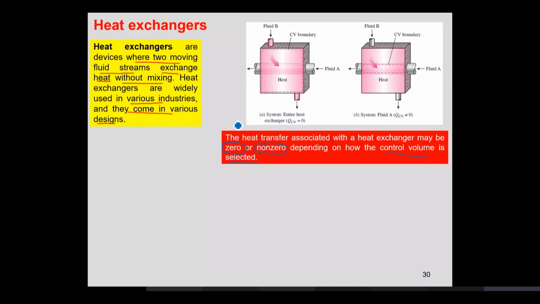Within this chamber there is another fluid, fluid B, which enters the chamber from the upper side, flows outside the pipe, and leaves the chamber from the exit at the bottom.